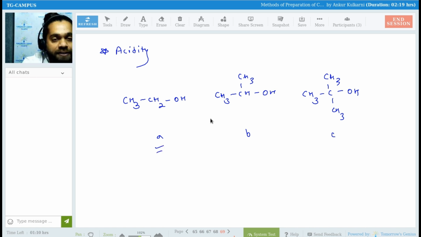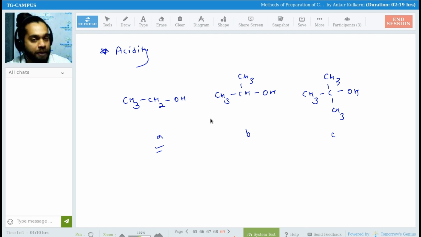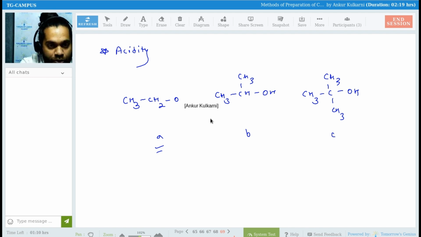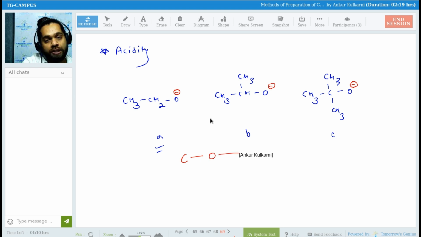What is an acid? Which donates the H plus. So let us donate the H plus from everything. If I donate the H plus, we get a negative charge. Suppose I have the carbon, oxygen, hydrogen bond of the alcohol. H plus means it is leaving behind its electron and going as H plus.